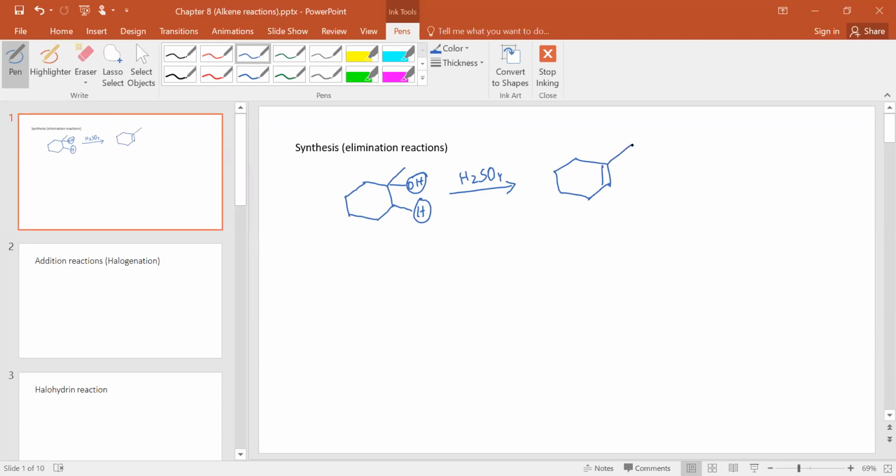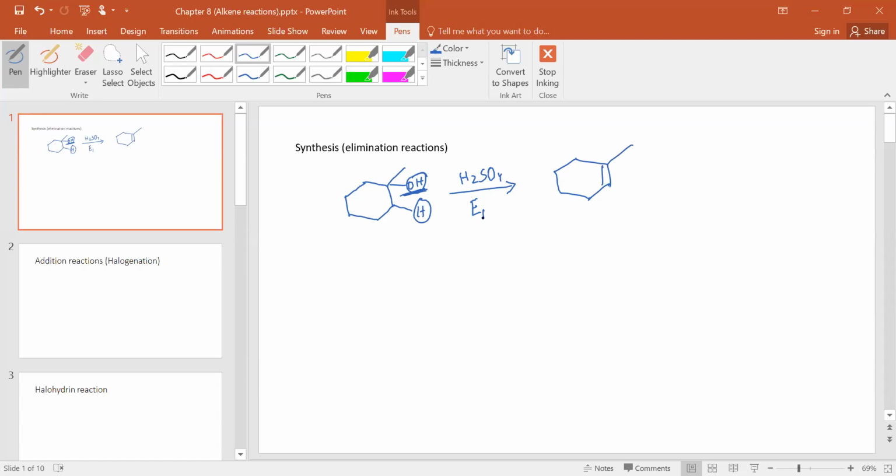This type of reaction is confined to tertiary alcohols, and the reaction mechanism happens via E1 elimination.